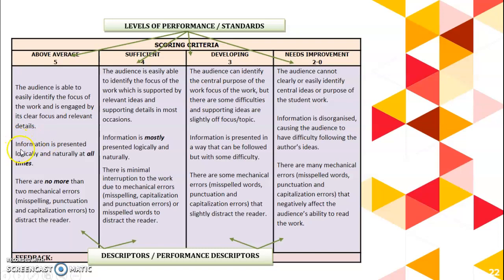For example, information is presented logically and naturally at all times. In sufficient, we have exactly the same, but it is mostly presented logically and naturally. And then in developing, we have information is presented in a way that can be followed, but with some difficulty.